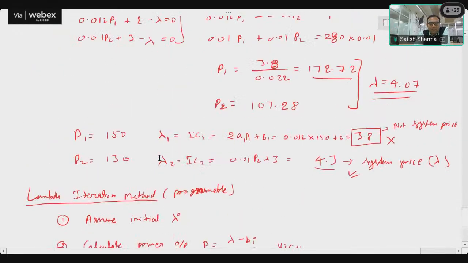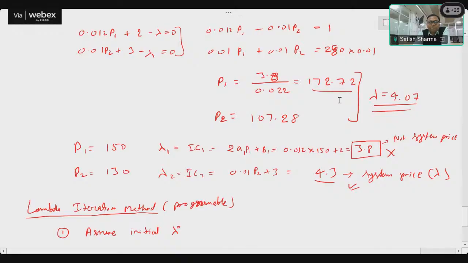Here you can see that some lambda, let's say 4.07, was there, and for that particular lambda, 172 and 107.28 was calculated. So instead of 172, we have enforced it to 150, and this 107.28 will remain the same. We will not change the P2 in this particular case.